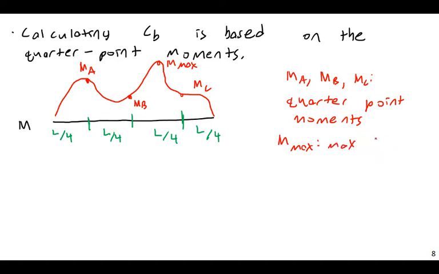Now, here, there is one other thing to note, though. I drew all of this as positive. However, each of these are going to be the absolute value of these things. So we know that beams can have negative bending moment, especially things that go over more than one span. It's very easy to get negative bending moments, or negative curvature in a beam. So for this equation that I'm going to give you, we'll be using the absolute values.